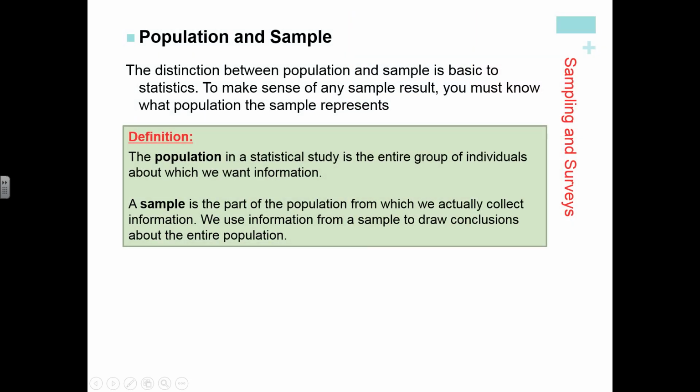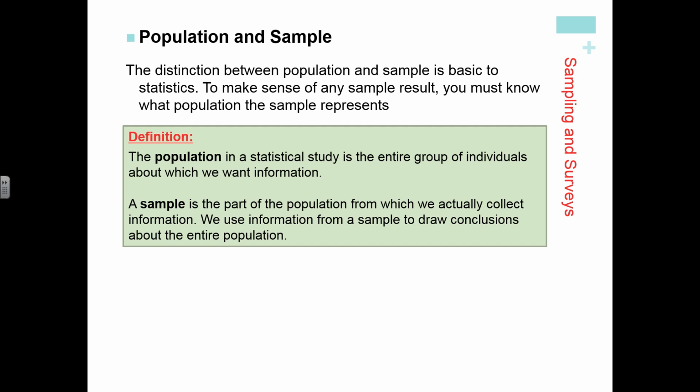All right, so again, and we've seen this before, our goal in statistics is to figure out something about a population. So we have some idea in mind and we're trying to figure it out about this population. Now, most times, 9 times out of 10, you cannot gather information from the entire population.